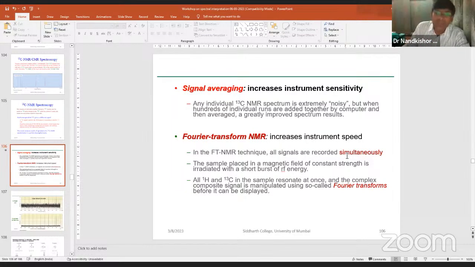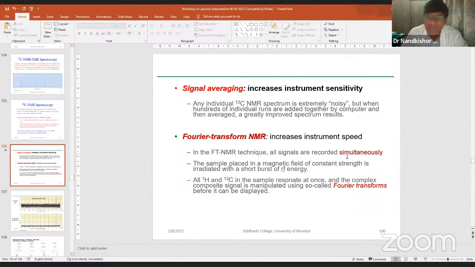And nowadays, all the techniques, in the case of IR or NMR, use Fourier transformation, where the noise is eliminated by taking n number of spectra simultaneously. Before, we had to record the spectra one by one, tune the frequency, and change the magnetic field, and then slowly the peak as well as the noise would build their intensity.